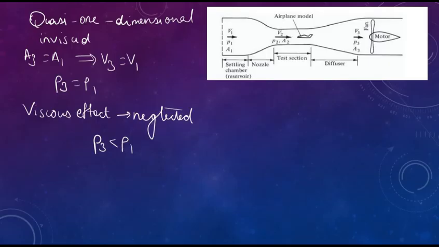So this was all about the limitations or drawbacks of Bernoulli's equation, about manometer and venturi, how we measure the flow velocity with the help of the mathematical formulae, and how we measure the pressure difference by using the U-tube manometer, and how it is done in the wind tunnels.